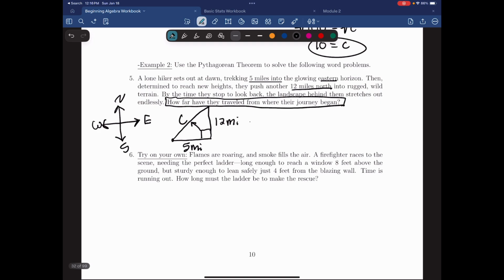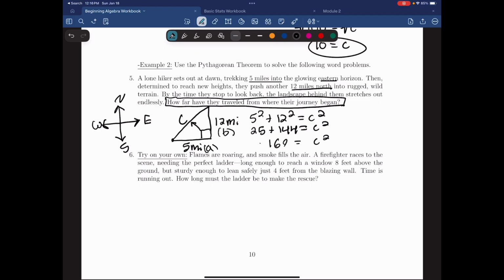Well, to solve for c, let's say this is side length a, and this is side length b. So we're going to have 5 squared plus 12 squared equals c squared. 5 squared is 25, 12 squared is 144, so that equals c squared. 25 plus 144 is 169, so we get 169 equals c squared.